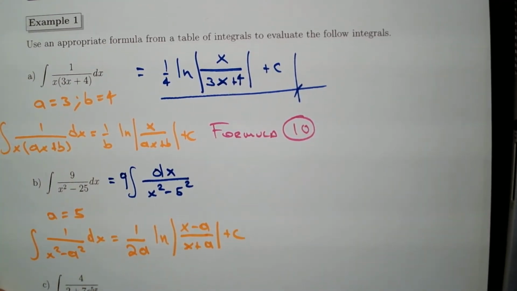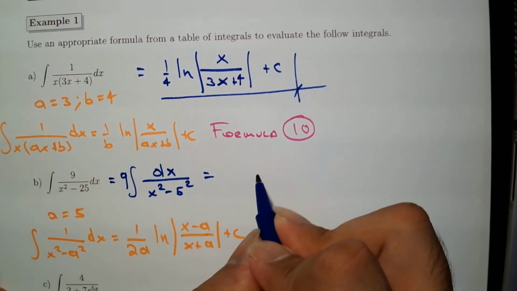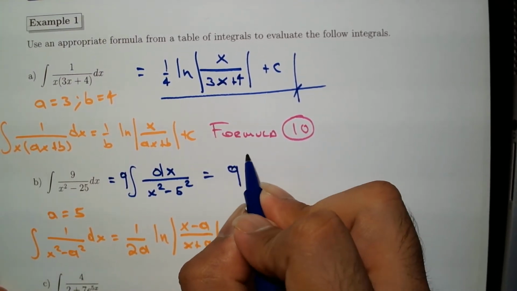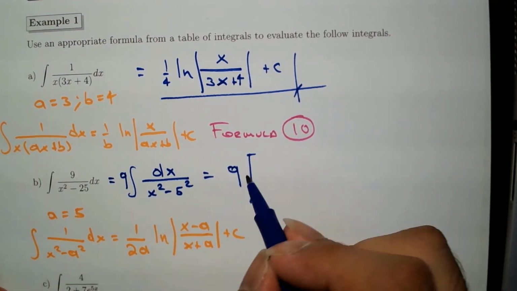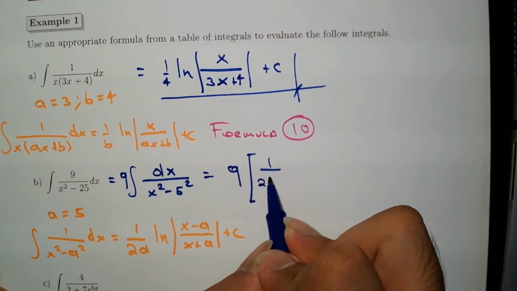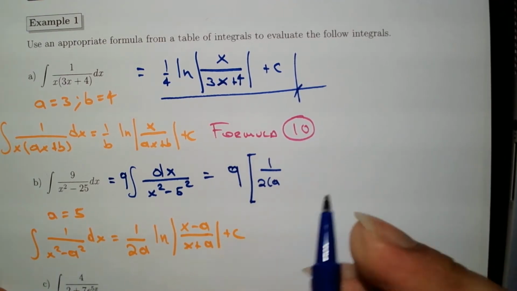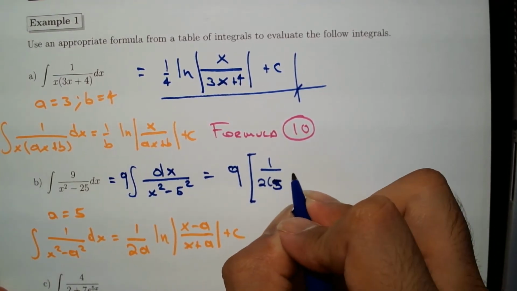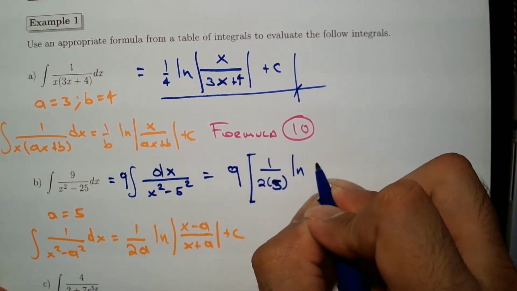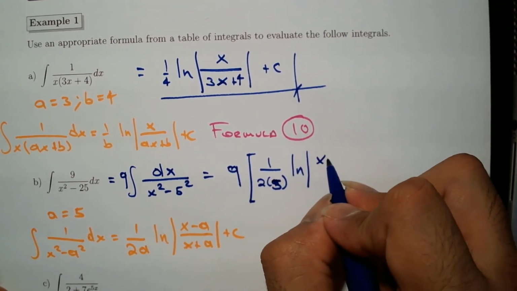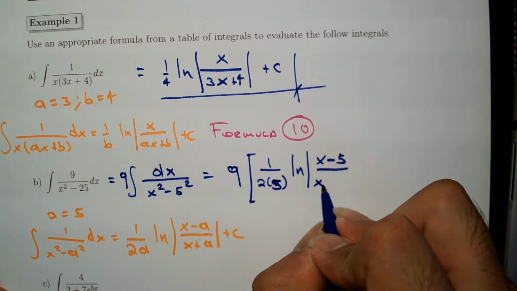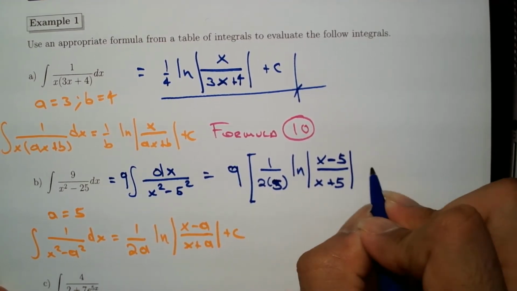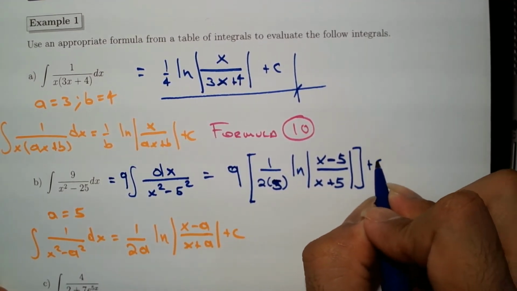Alright, so all we do is keep in mind the 9. Inside of the brackets I'm going to write down the result of 1 over 2 times a, which in this case is 5, ln of the absolute value of x minus 5 over x plus 5, close the parentheses, plus c.